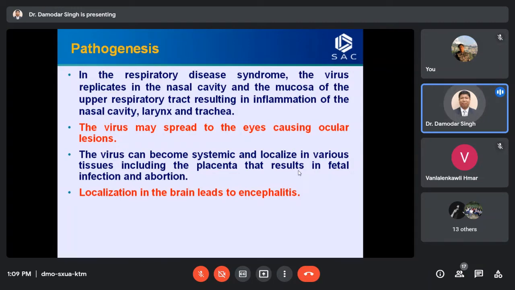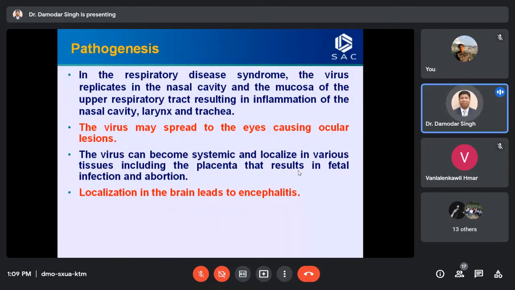Then the virus can become systemic and localize in various tissues of the body, including the placenta. That results in fetal infection and abortion, right? In pregnant animals, the virus spreads through the circulation and localizes in the placenta, the gravid uterus.